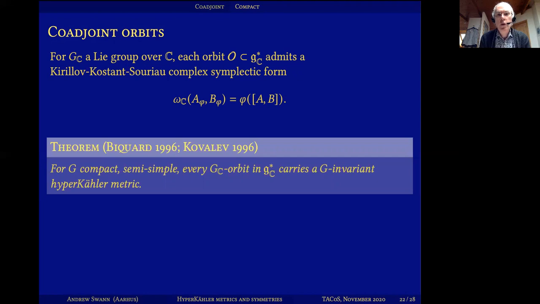Then every G^C orbit in the dual space, every co-adjoint orbit, carries a hyperkähler metric compatible with this Kirillov-Kostant-Souriau form, and this metric is invariant under the compact group.